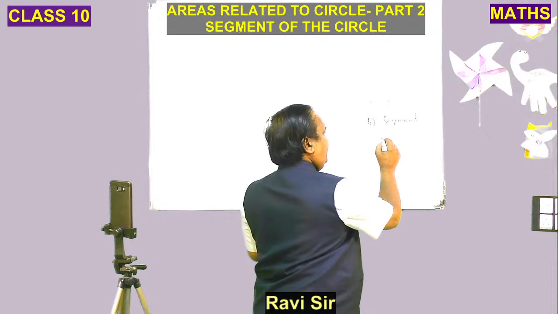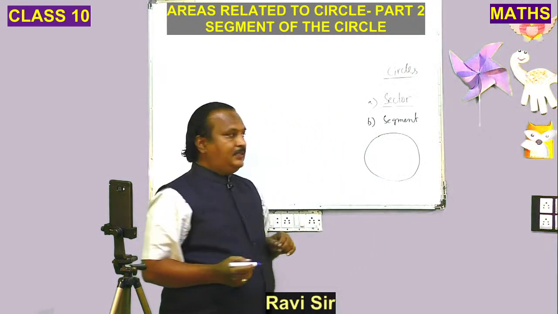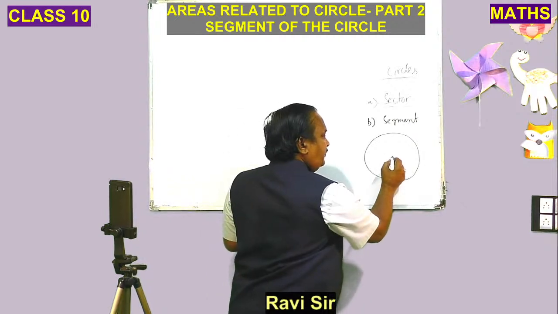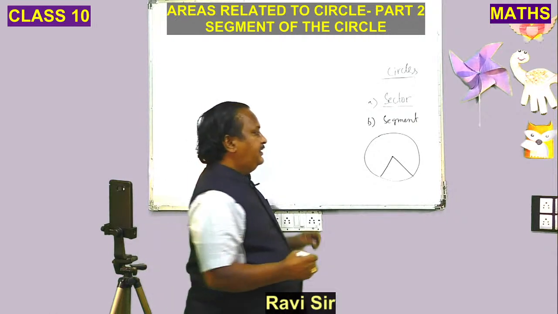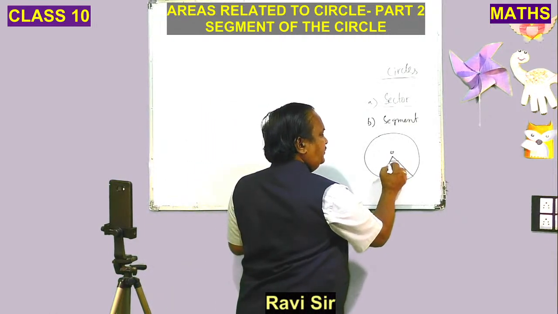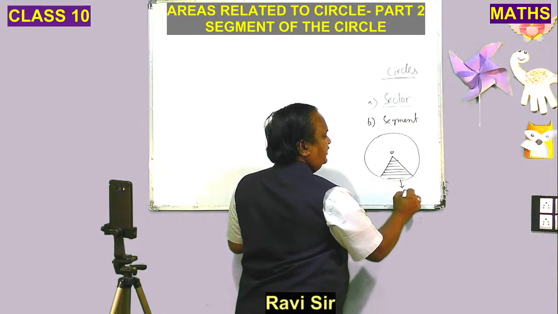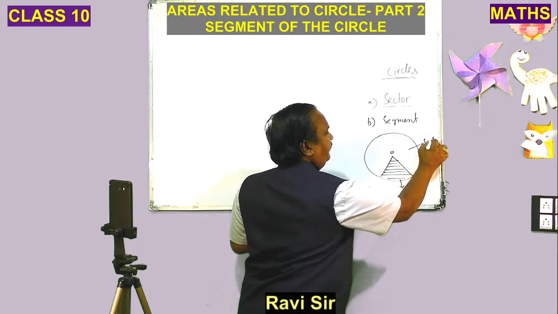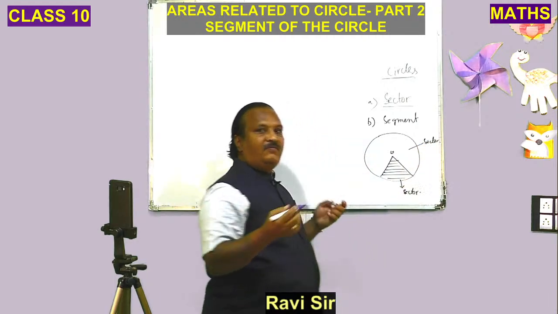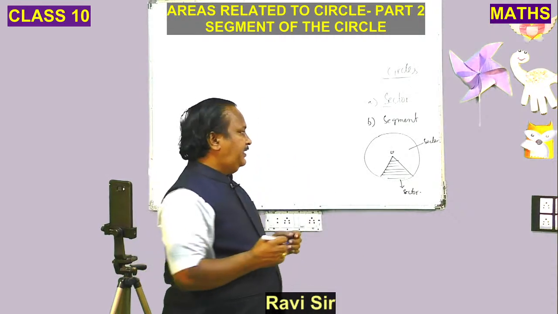I have already explained what a sector is. A sector is a part of the circle. For example, this is a circle. If you cut along the radius, you will get a sector. This is a sector, this is a sector, and this is also a sector. The bigger one is a major sector, the smaller one is a minor sector.